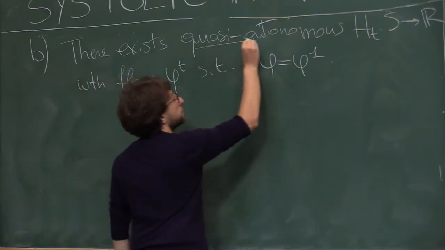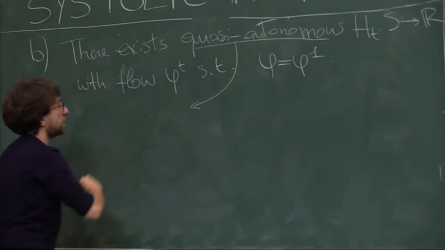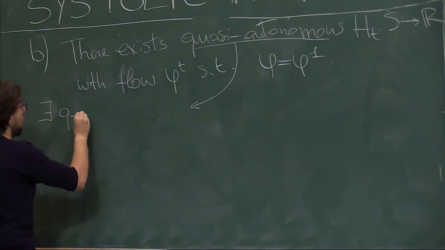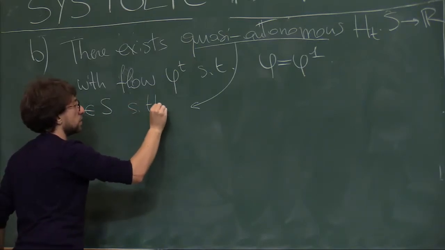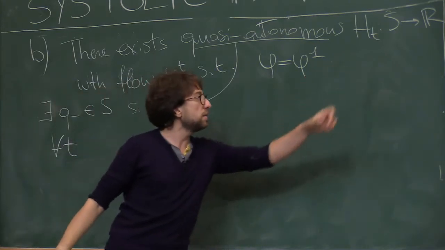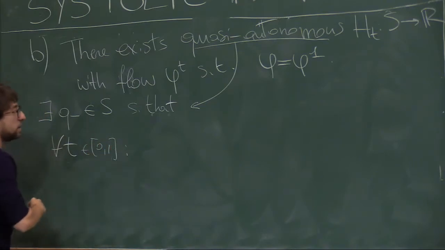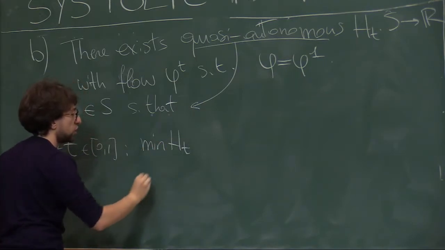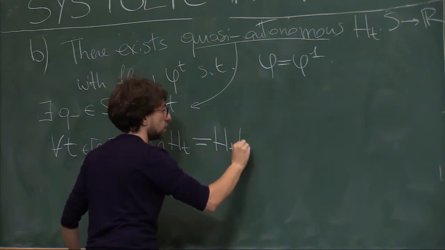And here, by quasi-autonomous, I just mean that I want the existence of some point Q minus on S, such that for all times t between 0 and 1, the minimum of the Hamiltonian H_t on S is always equal to H_t of Q minus.